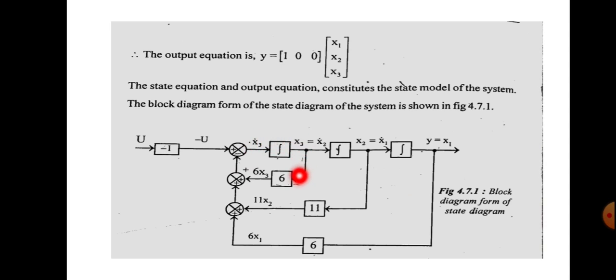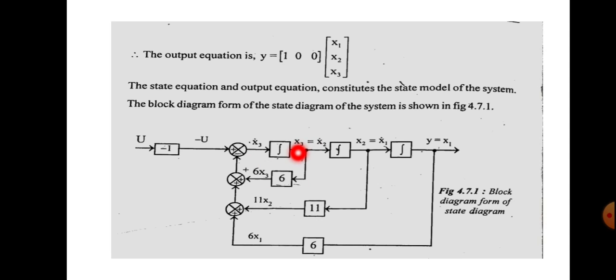Now you have got up to this portion. Initially there is no need to draw this summer; you can draw the block diagram with just an integrator. Next, what is the next step?